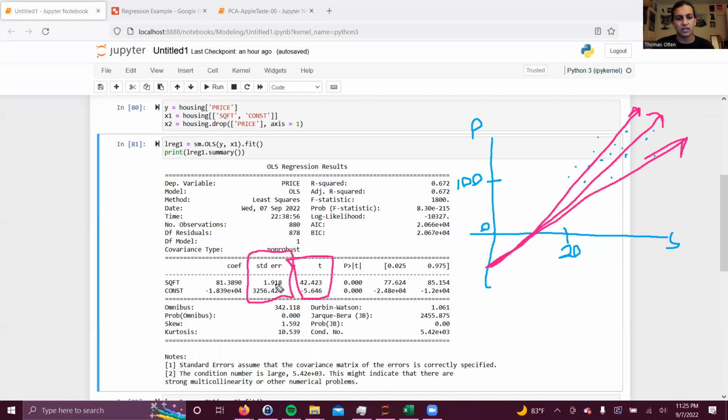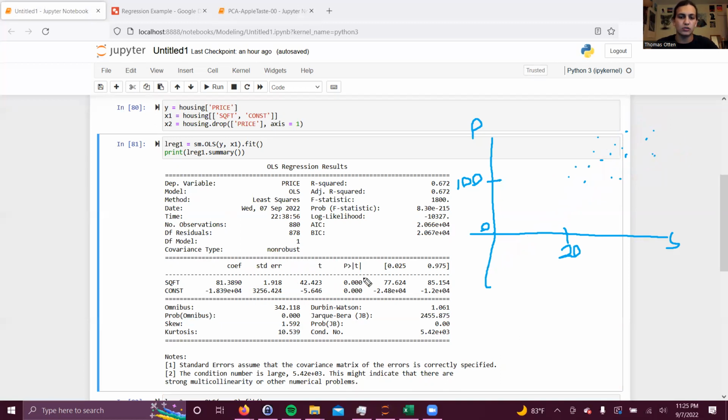And the t-value is kind of a measure of the difference between these. Because if you think about it, let's say you do something and you get a slope of 1 with a standard error of 5. Well, that's awful. That's not really good. The standard error is so big that you're not actually getting meaningful information.